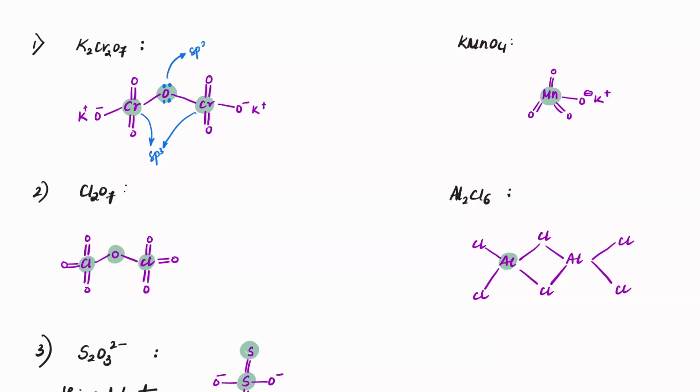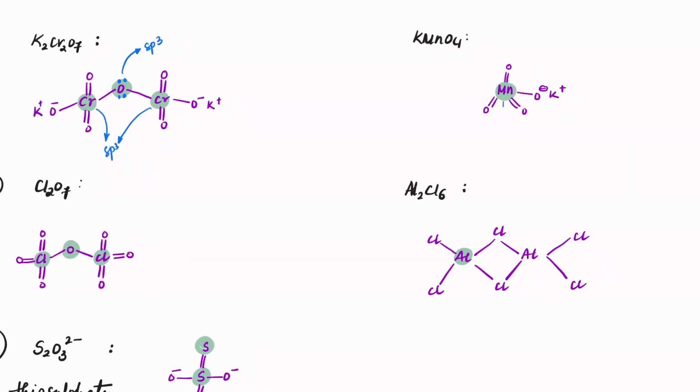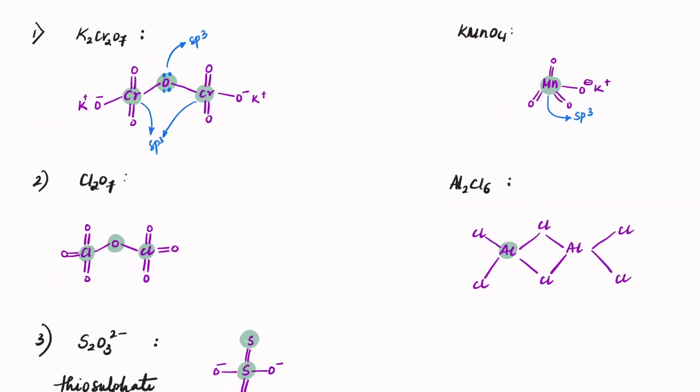So even the oxygen is sp3 hybridized. MnO4 is also four sigma bonds, which makes it sp3. Don't count the pi bonds, okay? Only count the sigma bonds. Here also, there will be two lone pairs on oxygen, which makes it sp3. And these two chlorines will make it sp3.